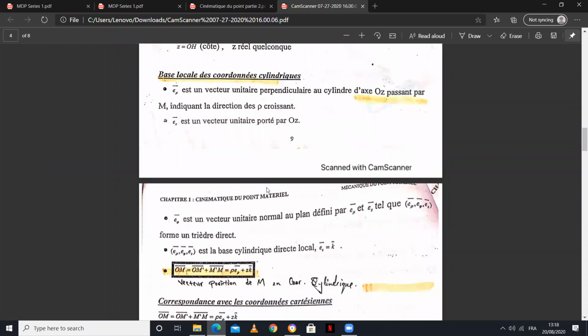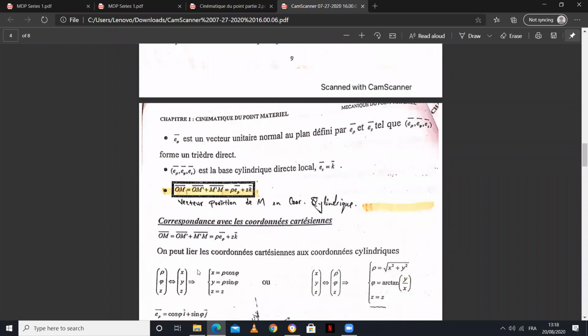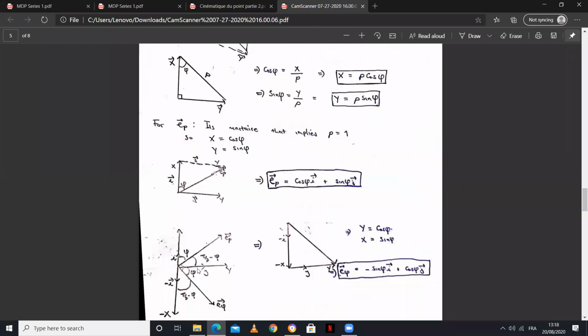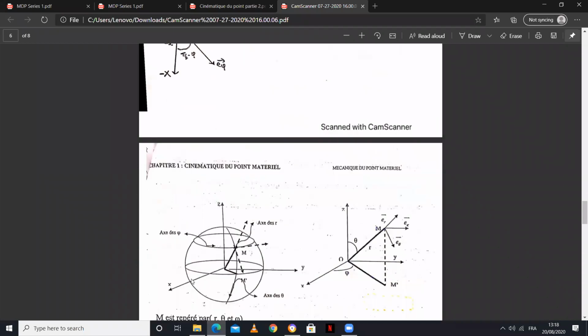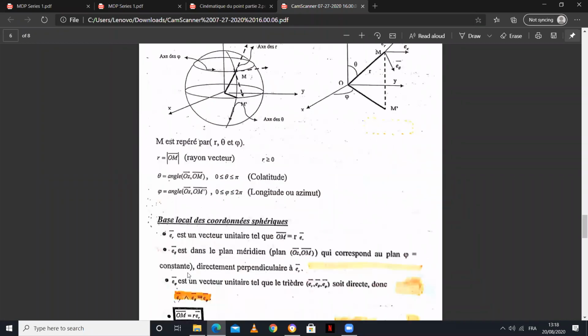We're just saying OM here because the origin of our repère is O. Even here in the coordonnées cylindriques, it's even written here, vector position, the M in coordonnées cylindriques, OM. When you go to sphériques, you'll find the same thing. That's the first thing we are looking at in all of them. The vector position, OM.